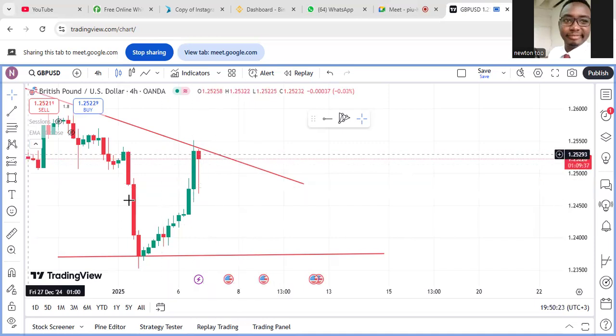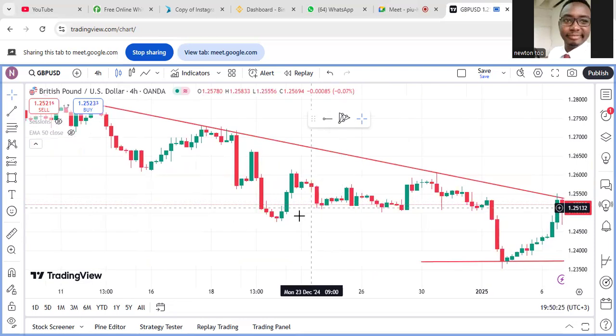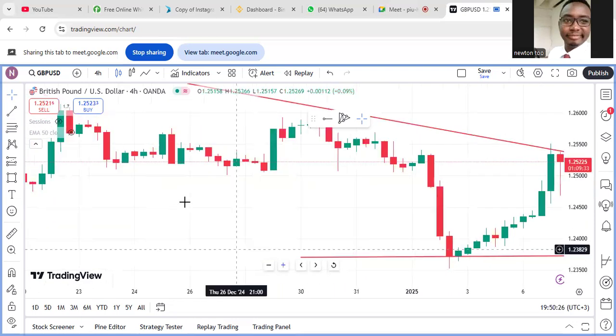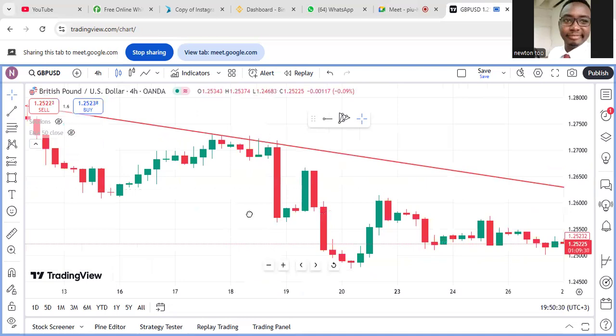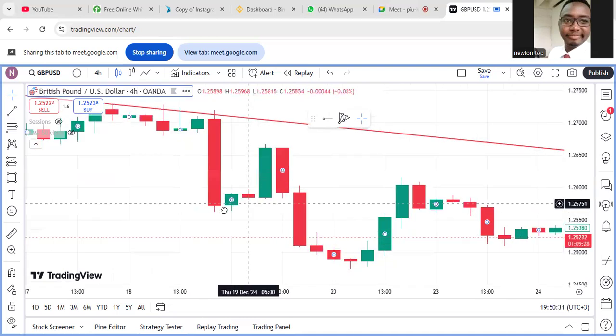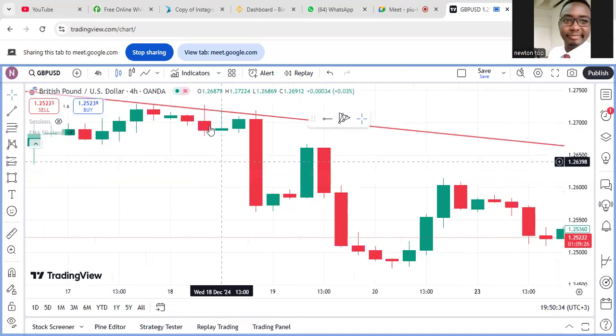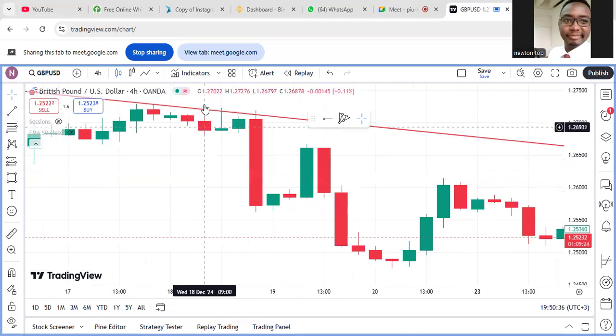Yeah, an inverted hammer looks like this. Let me show you the inverted hammer. This one is kind of like an inverted hammer. It means the same thing as the hanging man.